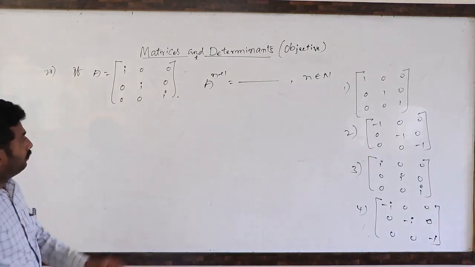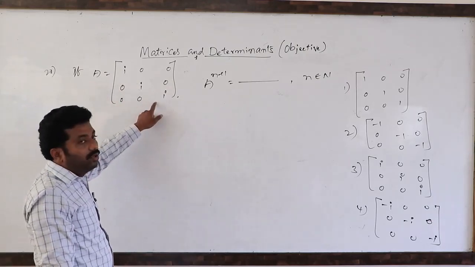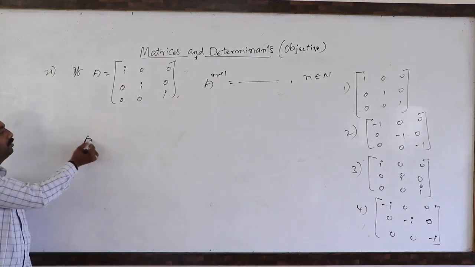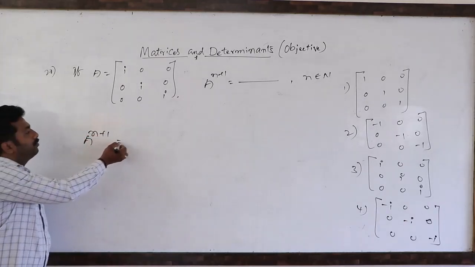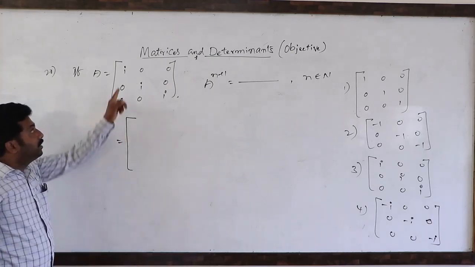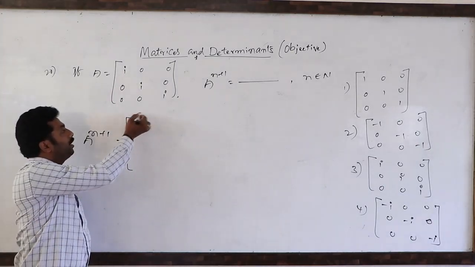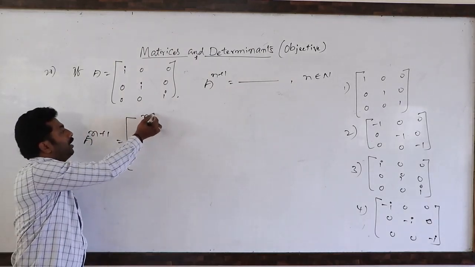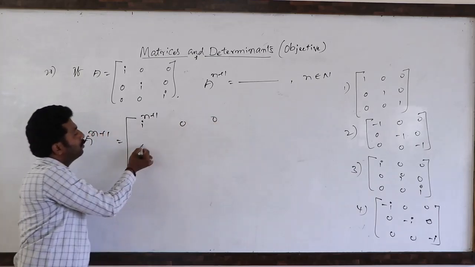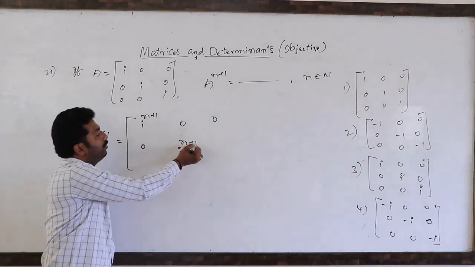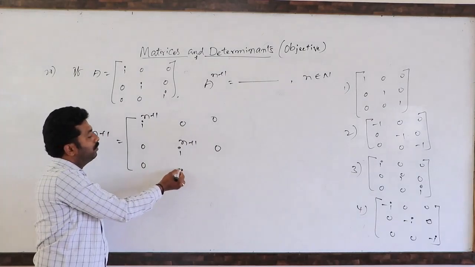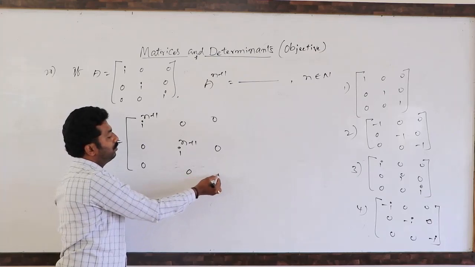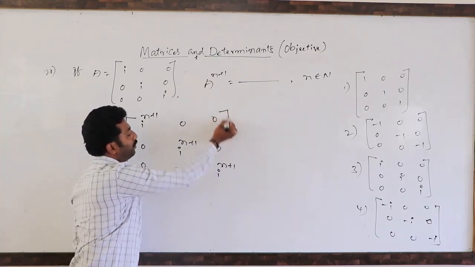If you observe, A is a diagonal matrix, so A to the power 4n plus 1 is very simple. Since it is a diagonal matrix, the diagonal entries are each raised to the same power. Here we can write i to the power 4n plus 1 on each diagonal entry, with 0 elsewhere.